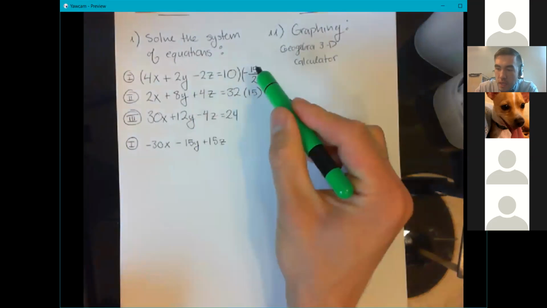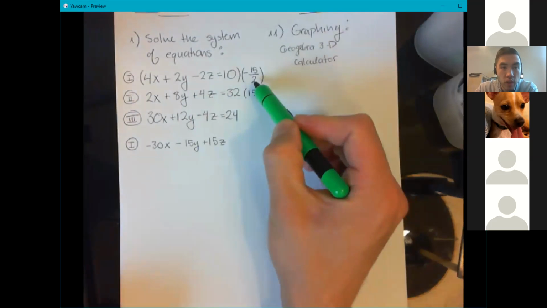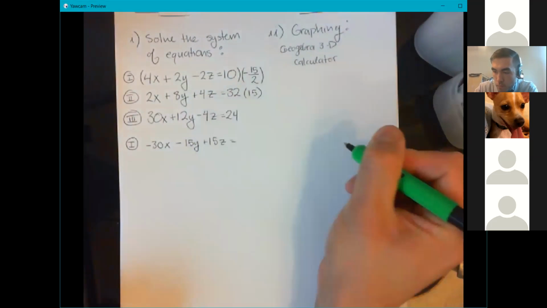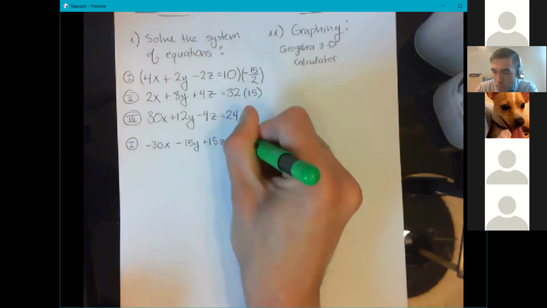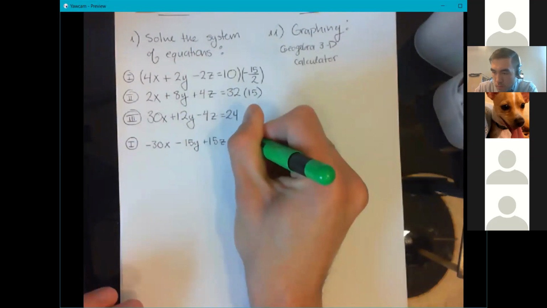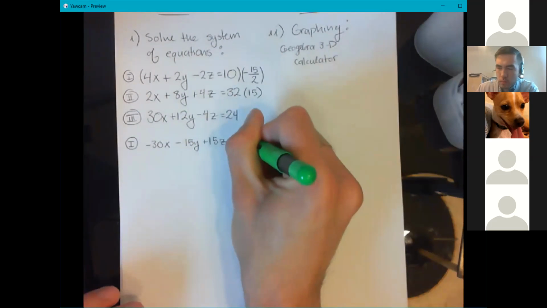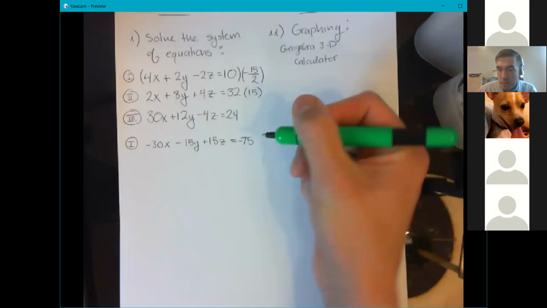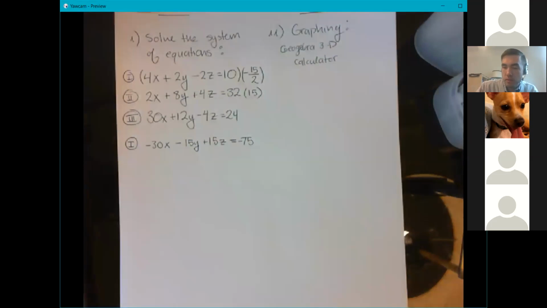And then this will be 10 divided by 2, which is 5. 5 times 15 is 75. Negative 75, yeah, that's right. Okay, so that's the rewriting of equation 1.